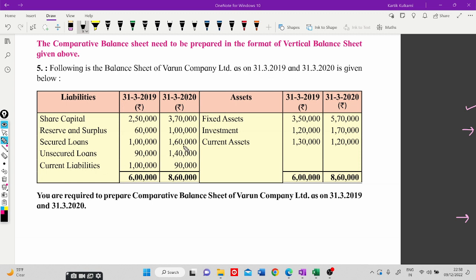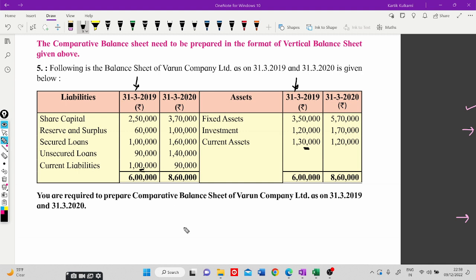Then in the fixed assets, in the asset side, we can see we have been given fixed assets and investments, and the difference between current assets and current liabilities. Current assets minus current liability will be working capital. So you can see here the current asset for 2019 is 1,30,000 minus current liability for 2019 which is 1 lakh.